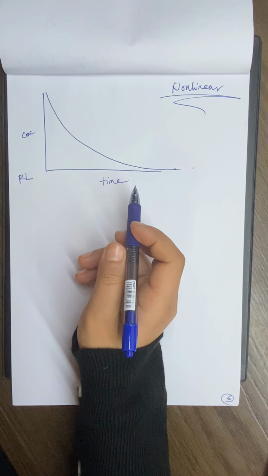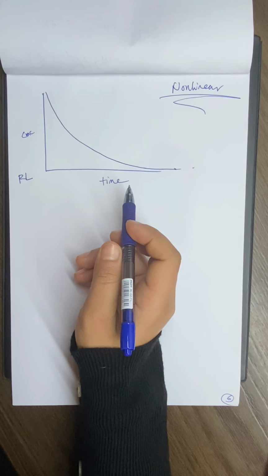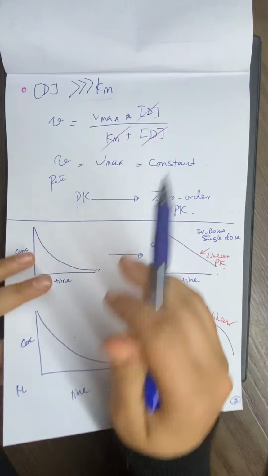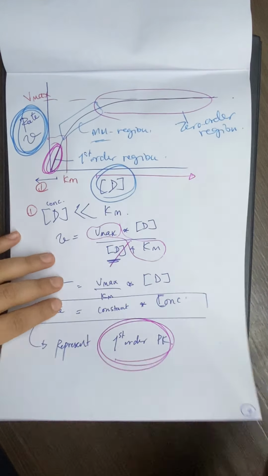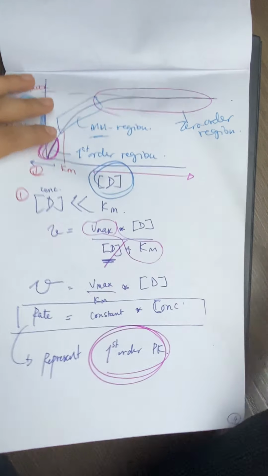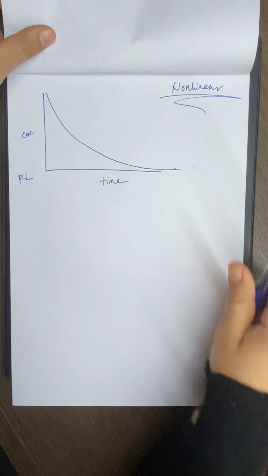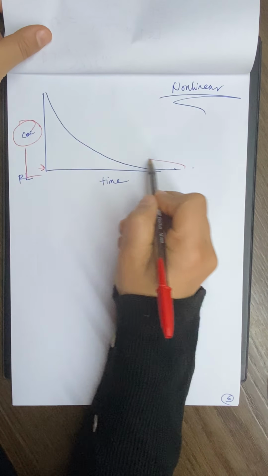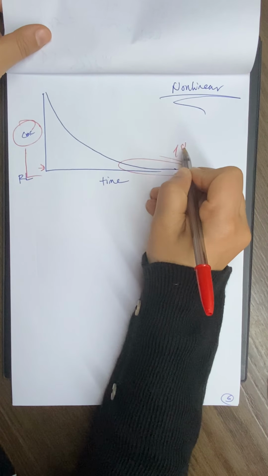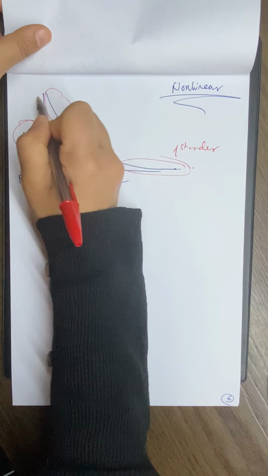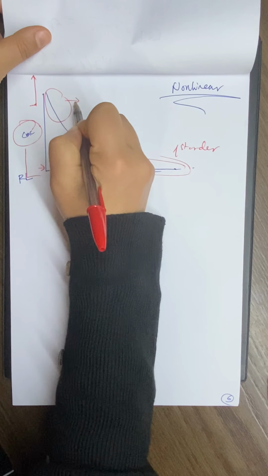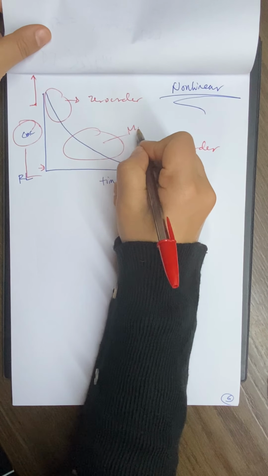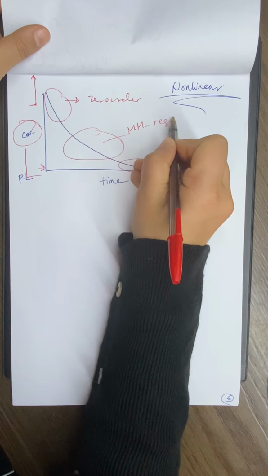But let's talk about the regions of the profile according to whatever we said here. We have zero, we have first, and we have Michaelis-Menten. We said at low concentration we have what? First order kinetics. At high concentration we will have zero order kinetics, and in the middle we will have the mixed or Michaelis-Menten region.